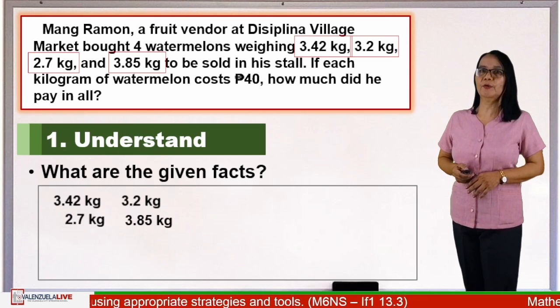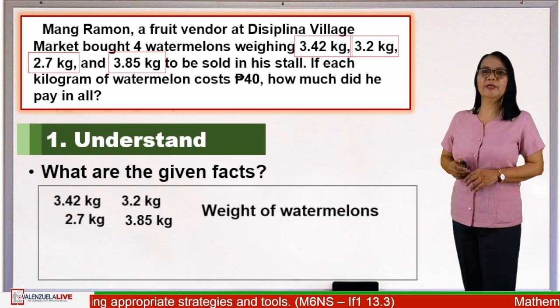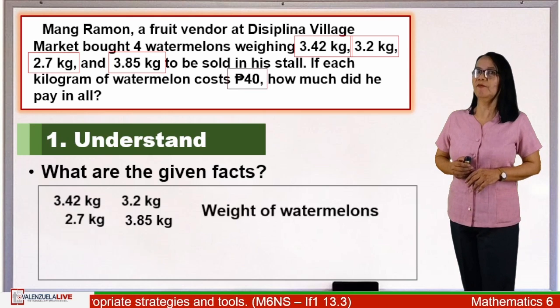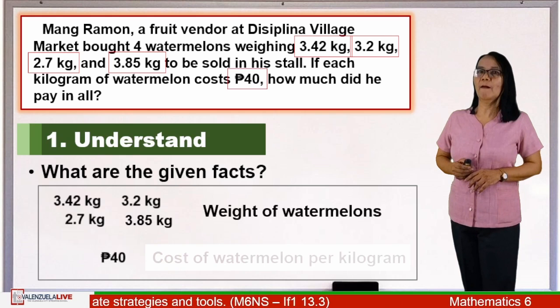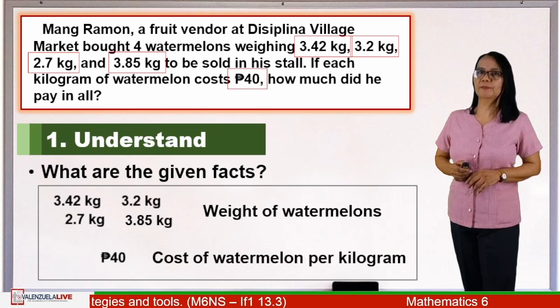Those are the weights of 4 watermelons respectively. Is there any other given number? Yes, it's 40 pesos, the cost of watermelon per kilogram.